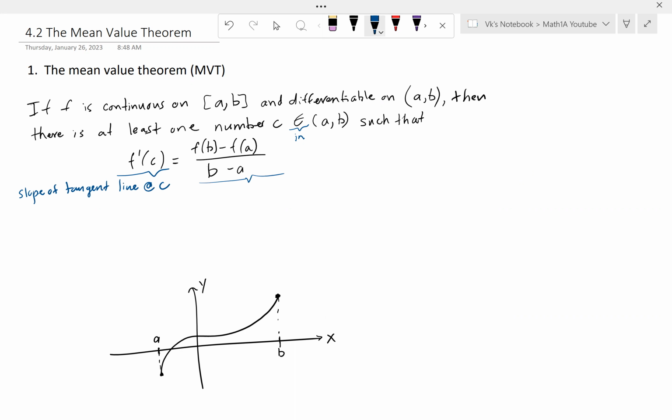The quotient f(b) minus f(a) over b minus a is the slope of the secant line between the two points a, f(a) and b, f(b). The slope of the tangent line can also be interpreted as the instantaneous rate of change.